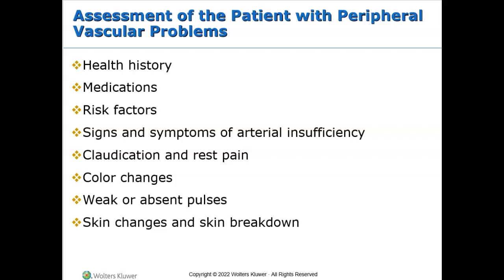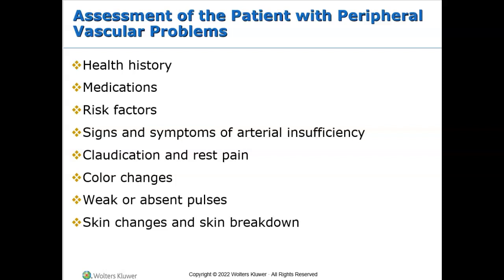I mentioned that sometimes it's hard to find the pulses in those patients with this disease, and definitely if you have to use a Doppler, you want to mark where those pulses were so that the next person, or even you later in the day, can come back and listen for them again and see if they've changed. Pallor, so pale in color. Reactive hyperemia.